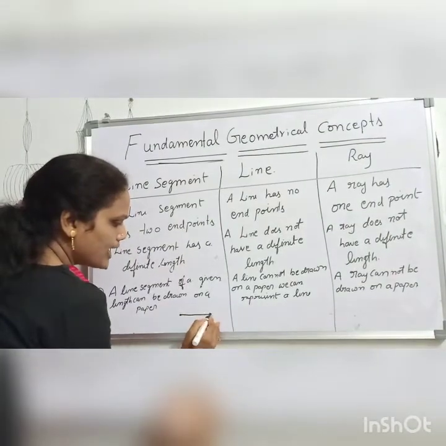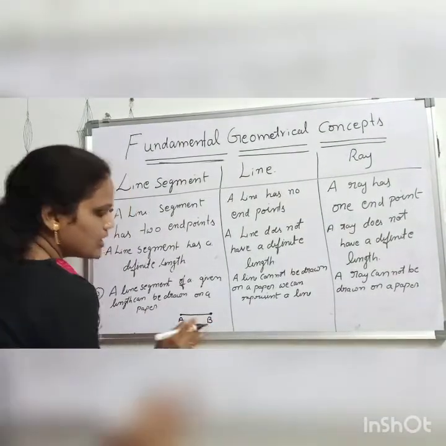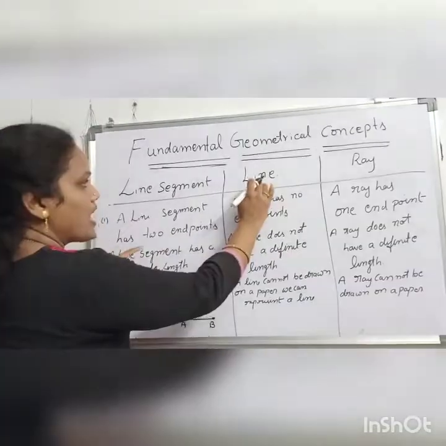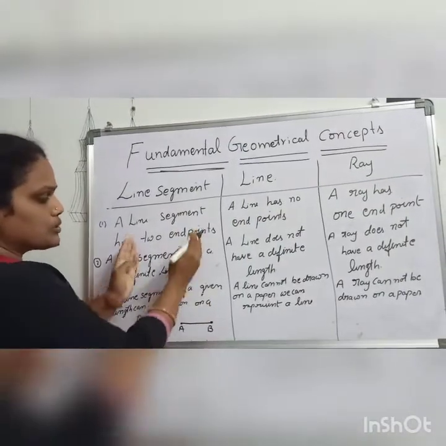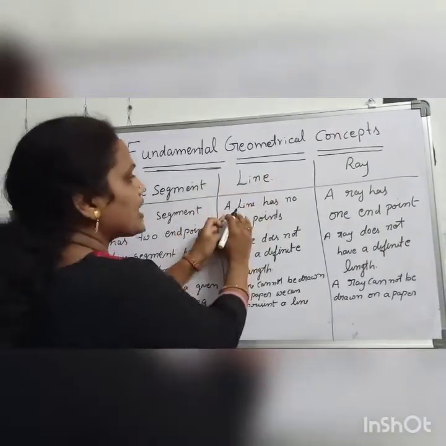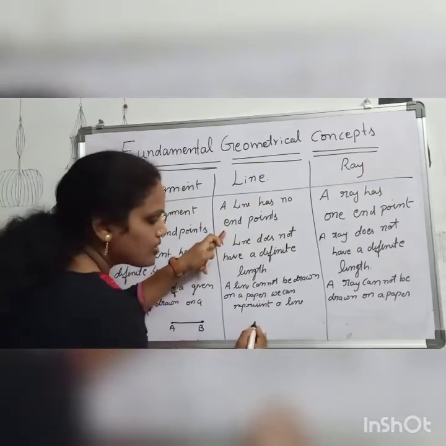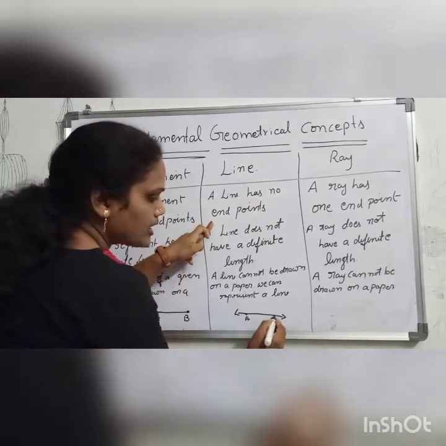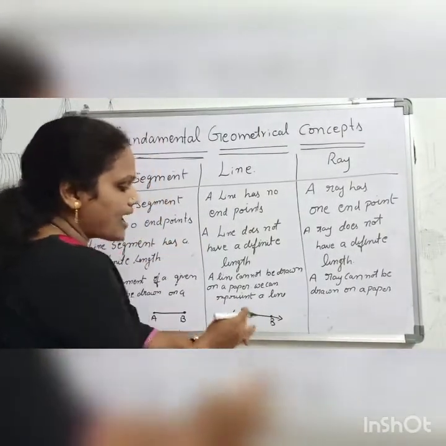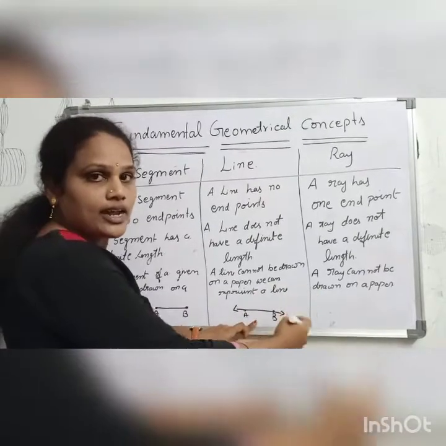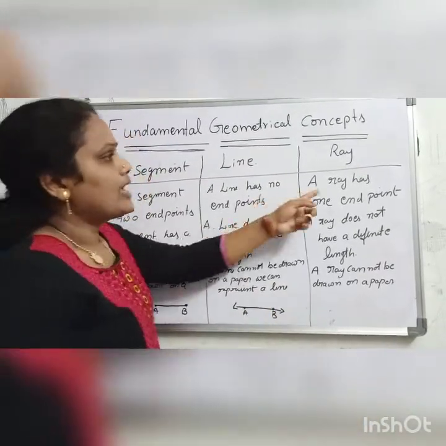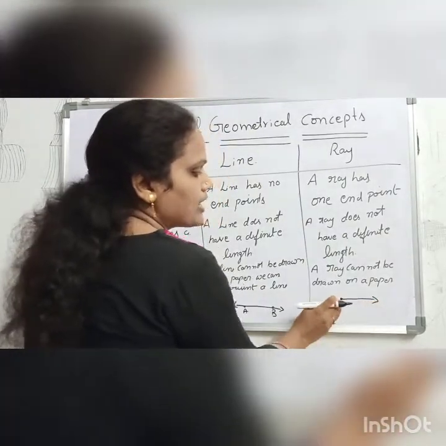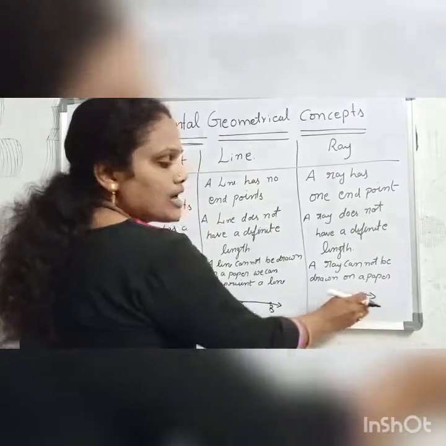A line has no end points; it extends indefinitely on the right side and left side. A ray has one end point; we represent it like this, with one initial point extending to the right side.